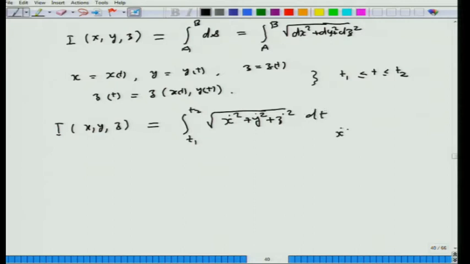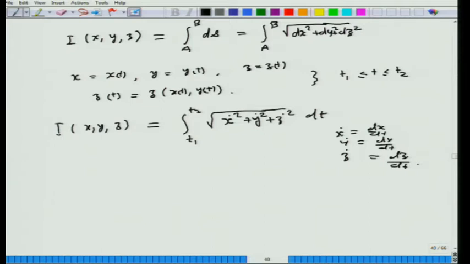Here x dot is dx by dt, y dot is dy by dt, and z dot is dz by dt. And here x, y and z are satisfying this relation.